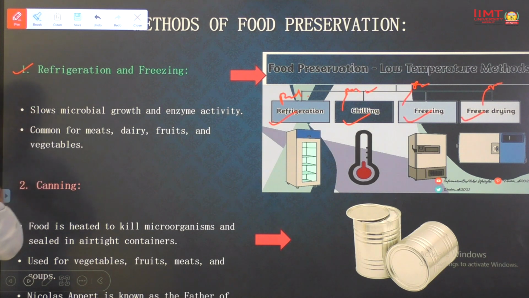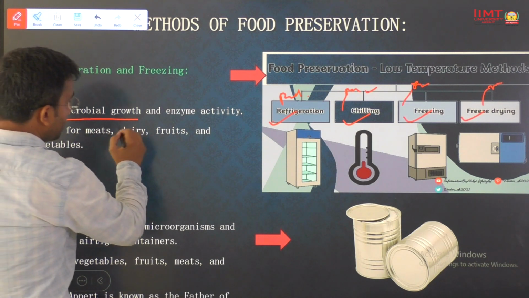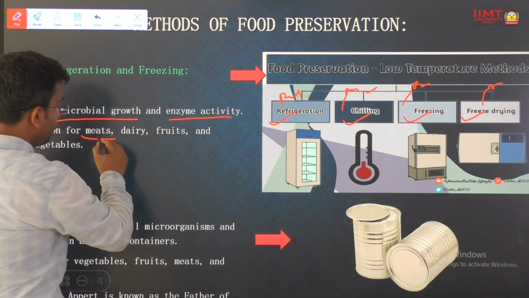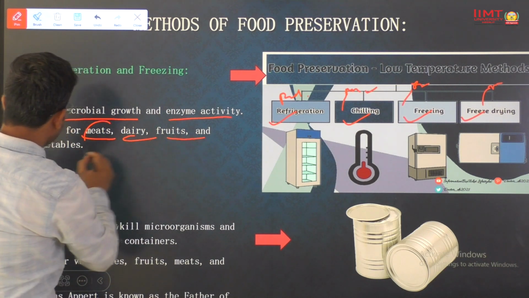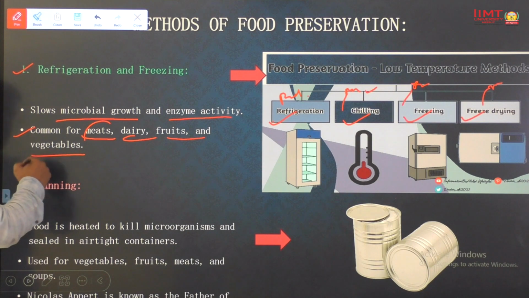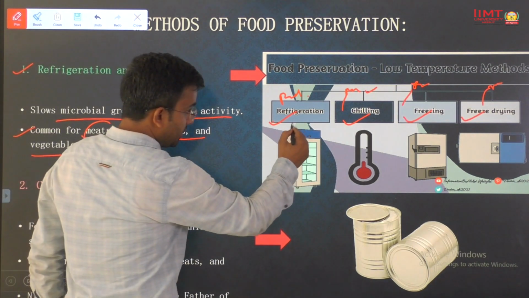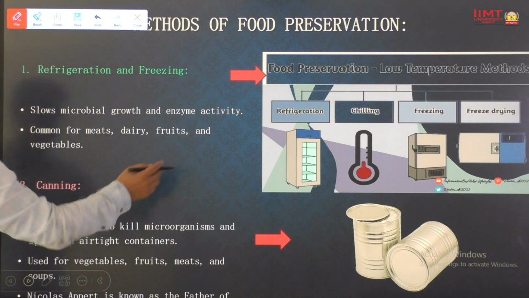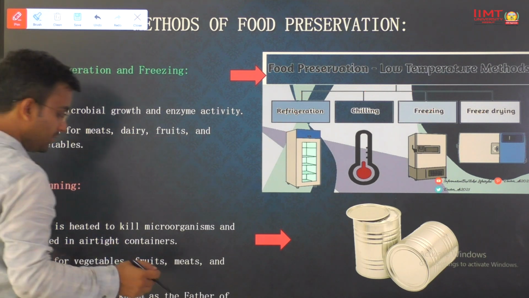The work here is to slow the microbial growth and enzymatic activity, and common foods are meat, dairy, fruits and vegetables. For these we use those types of units which help in preservation and reduce the spoilage.